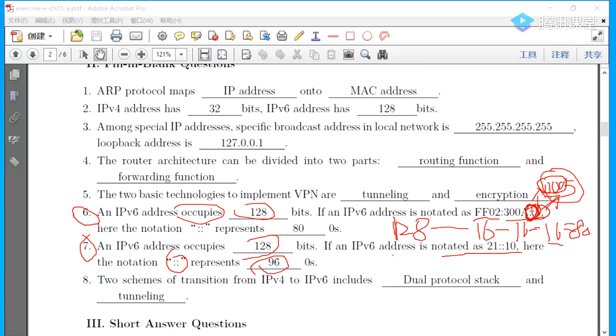Why? 128. This occupies 16. This occupies 16. So 128 minus 16 times 2, that is 96.